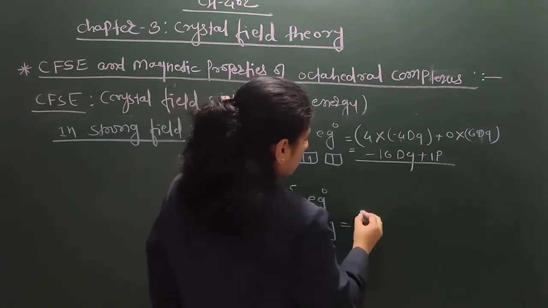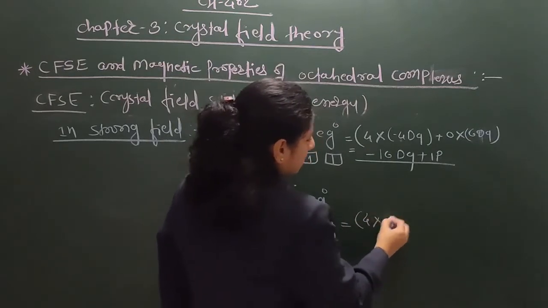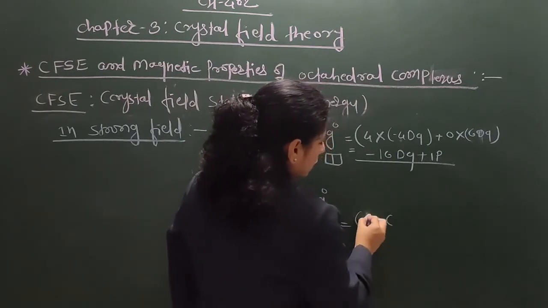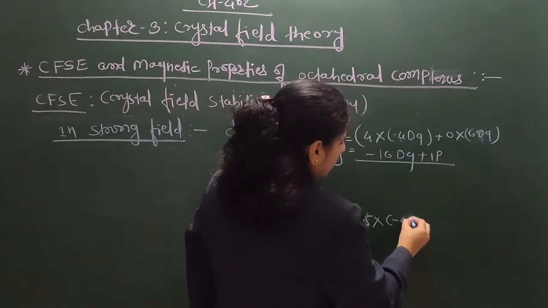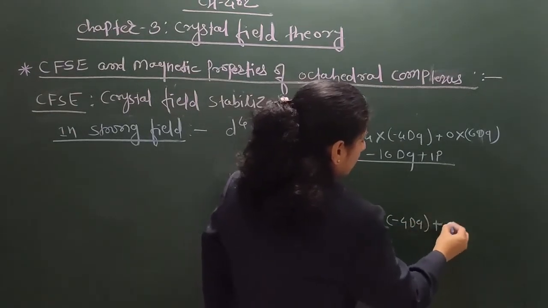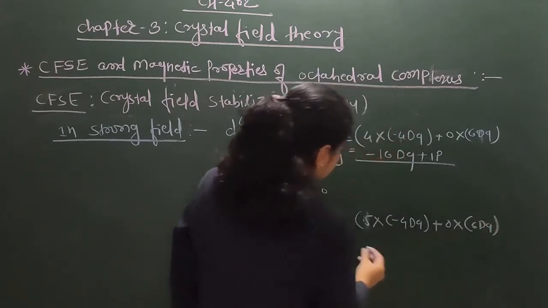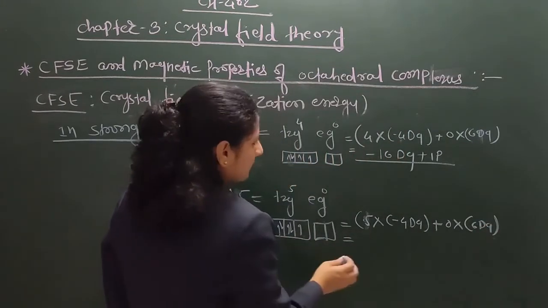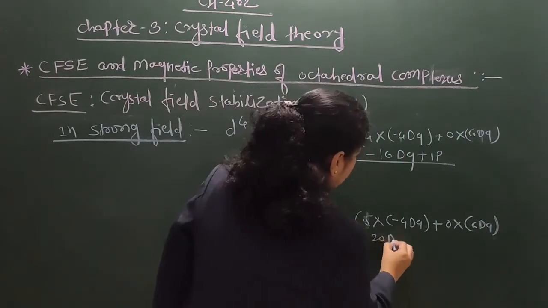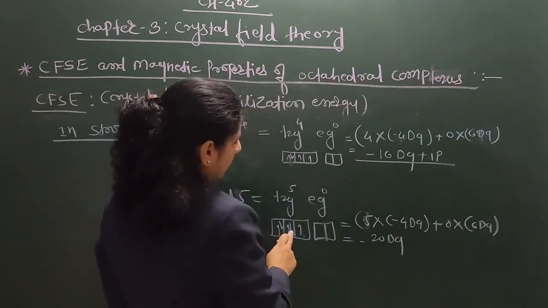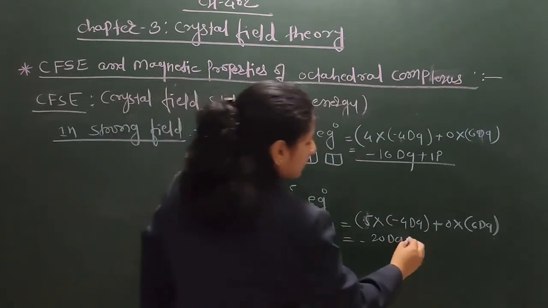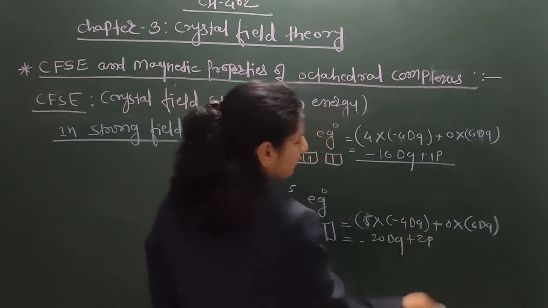According to our CFSE calculation, that is 5 electrons in t2g at minus 4 Dq, and 0 electrons in eg. There will be 2 paired electrons, so we write 2P.